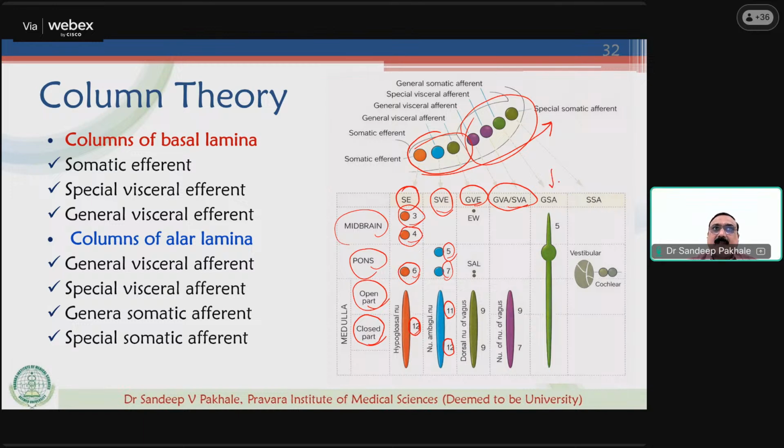Next, lateral to that, there is special visceral afferent, which mainly carries taste sensation. And most laterally, we have special somatic afferent, which is responsible for hearing and balance. So this is how, from medial to lateral, the motor and sensory columns are lying in the brainstem.